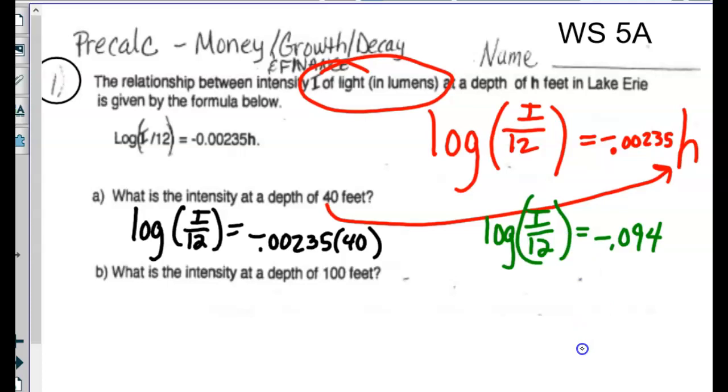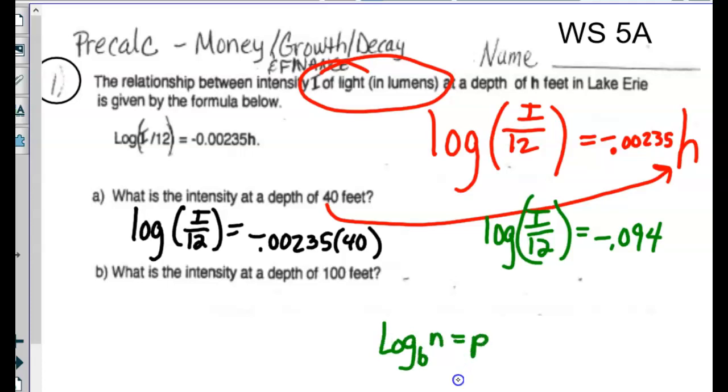How do we solve for I? How do you write that as an exponential instead of a log? We want to get rid of log. Well, what is the base right now? Remember how it goes? It goes log base b of a number equals p the power.